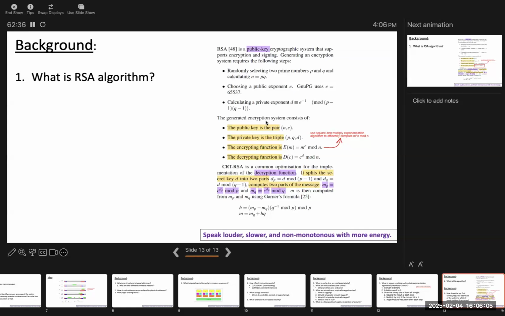So in this paper, they are breaking the RSA encryption algorithm. Basically, by using this flush and reload approach, they are figuring out the decryption key of the victim process, okay?